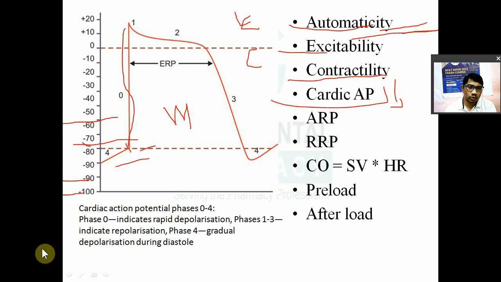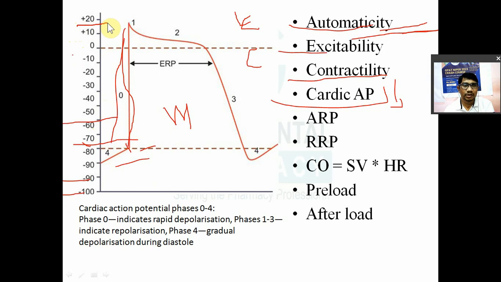So normally in the cell there is a negative potential, -90 millivolts. If it comes to around -75, -60, that potential at which sodium ions enter the cell abruptly, suddenly, is known as the threshold potential. Now there is entry of sodium, a cation with a positive charge, and because of that the potential is disturbed, known as depolarization. The cell potential will go up to positive, for example +15.